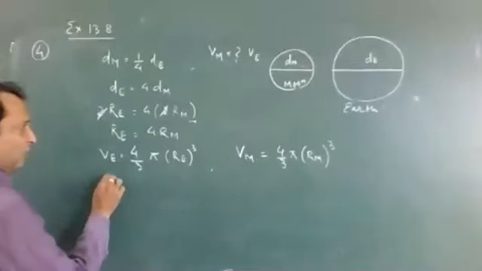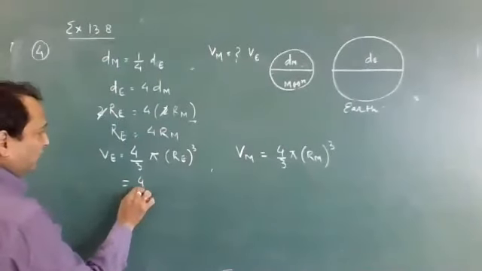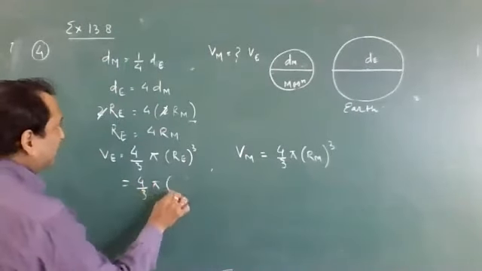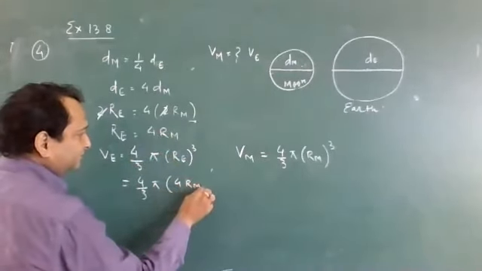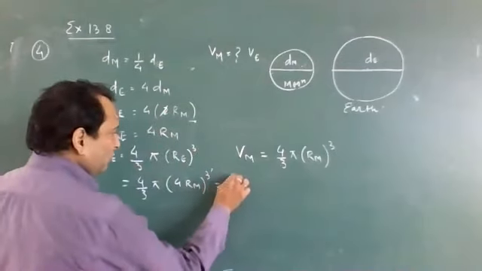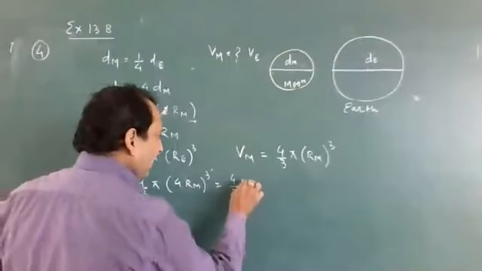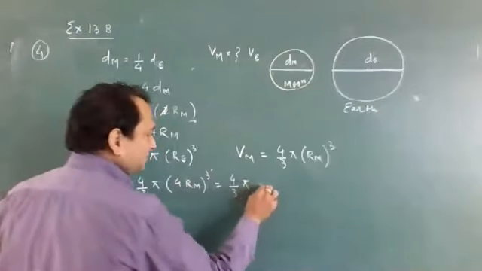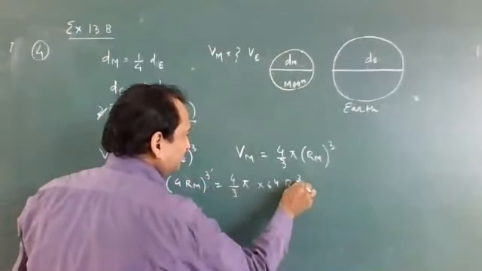So volume of earth is 4/3 pi times re cube, that is 4 rm cube, which equals 4/3 pi 4 cube, 64, into rm cube.